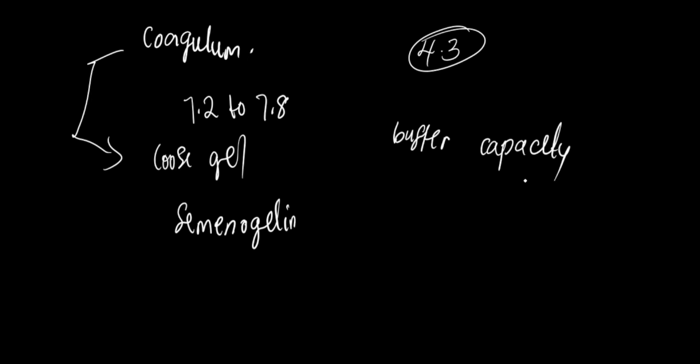Now, this buffering capacity of the semen is able to change the pH of the upper vagina from about 4.3 to about 7.2. And this buffering capacity lasts for about 1 minute in humans. Okay, but this 1 minute is enough time for the sperm to escape from the vaginal microenvironment to the cervix.